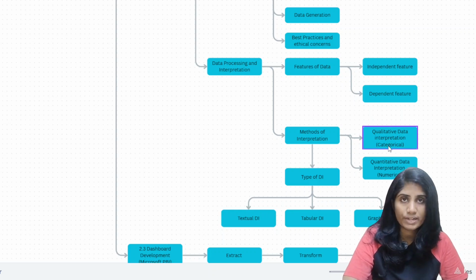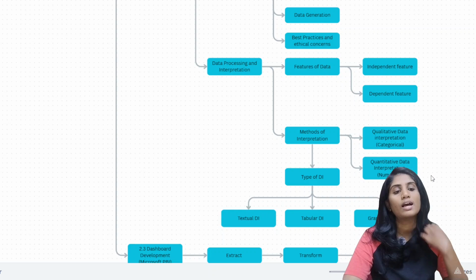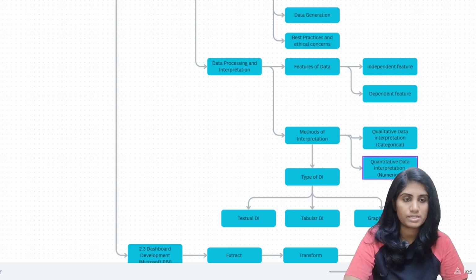Or if you go to a restaurant, you give good ratings about the dishes. Based on the comments, that we call qualitative data, categorical values. And quantitative data means a numerical value. So, how many students are present in the class? For answering that, I would say 50 students are present, like that.